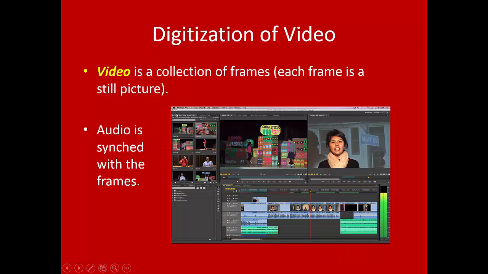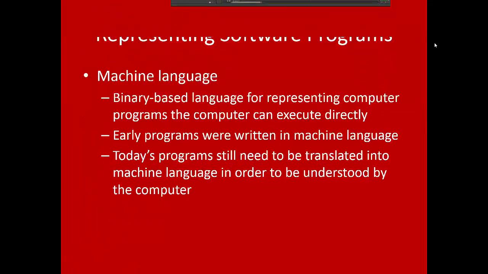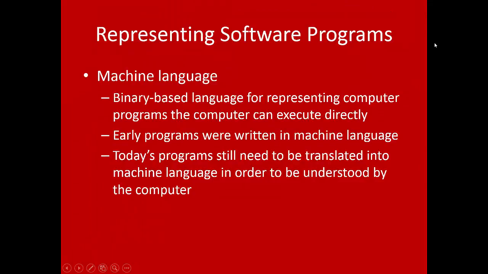Okay, we've got one more type of digitization that I want to mention for you, and that's the representation of software instructions. We buy computers because we want software. Nobody buys a computer because they want a processor and a system unit to sit on their desk and not do anything.